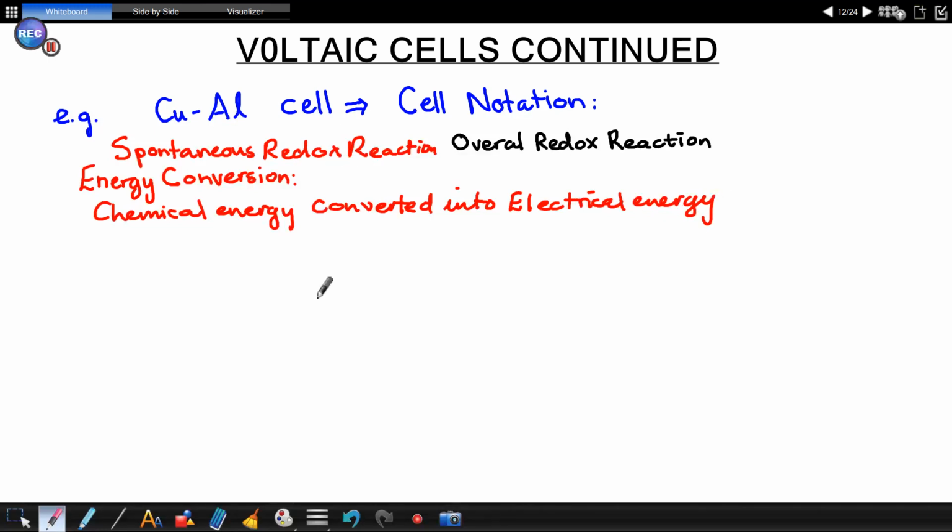A redox reaction is a reaction where there's an electron transfer. Yes. Voltaic cell and a galvanic cell is exactly the same thing. So we could say galvanic cell, we can say voltaic cell. Same thing. Okay.